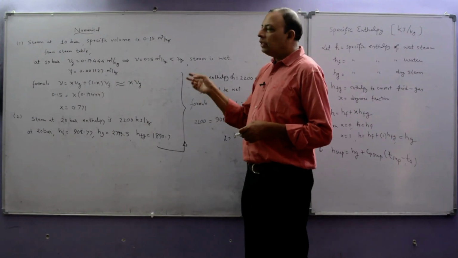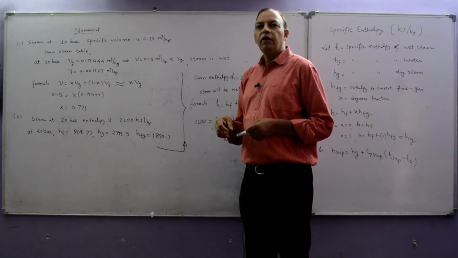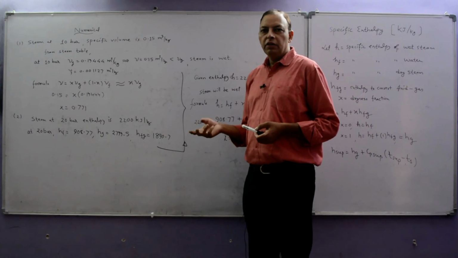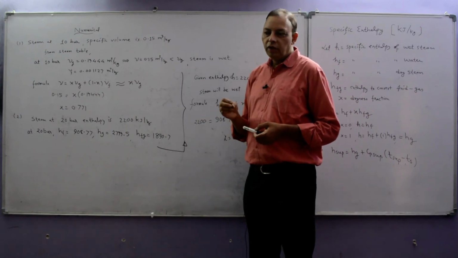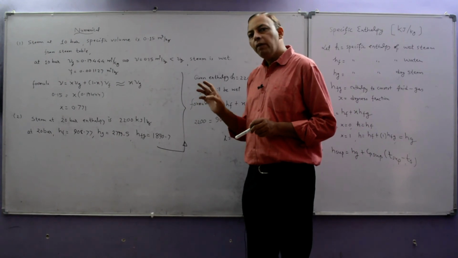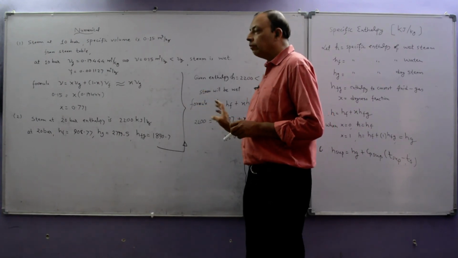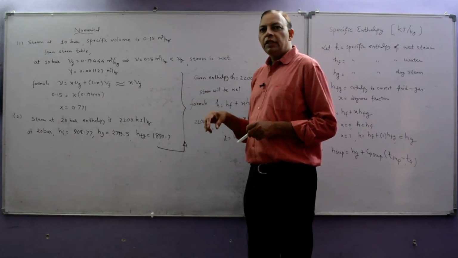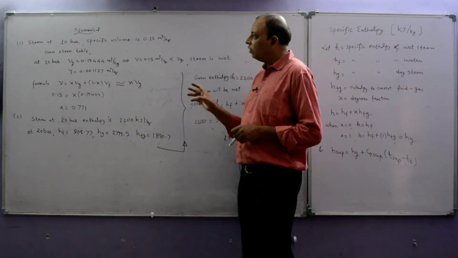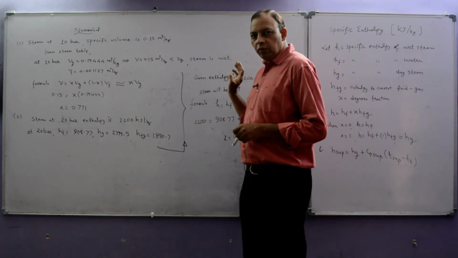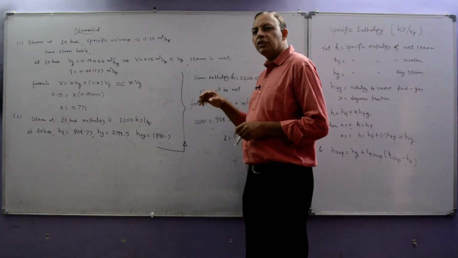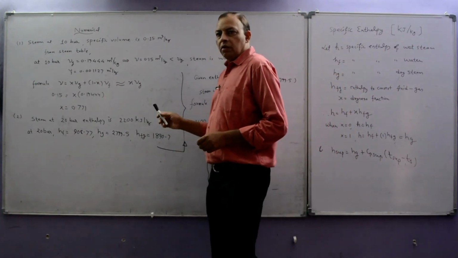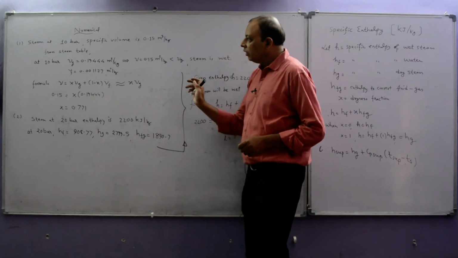First of all we have to identify whether this steam is dry, wet or superheated. These are the three conditions of steam. First we have to identify, then only we can apply the appropriate formula to calculate its further properties like specific volume, specific enthalpy, specific internal energy and specific entropy. Today I have covered specific volume and specific enthalpy. In the next lecture I will cover specific internal energy and specific entropy.